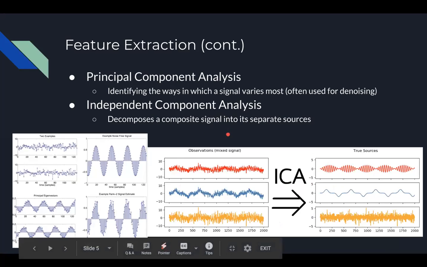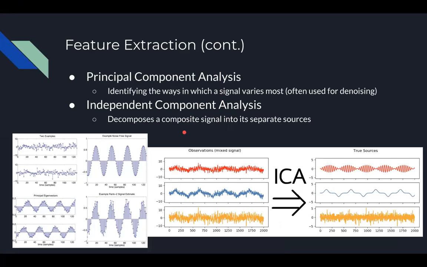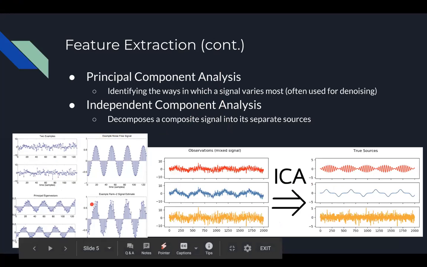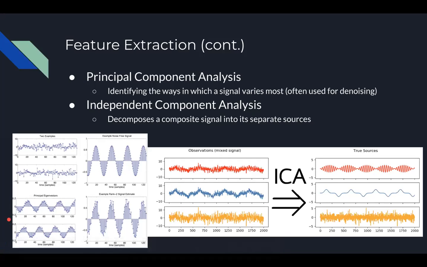This is another way. These are some other ways to do feature extraction. Principal component analysis basically identifies the principal components that vary in your signal. So I think that's this left one. This is probably kind of hard to understand.